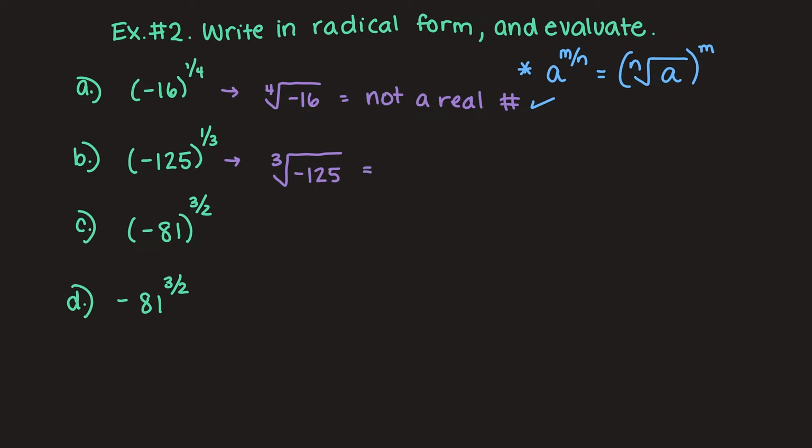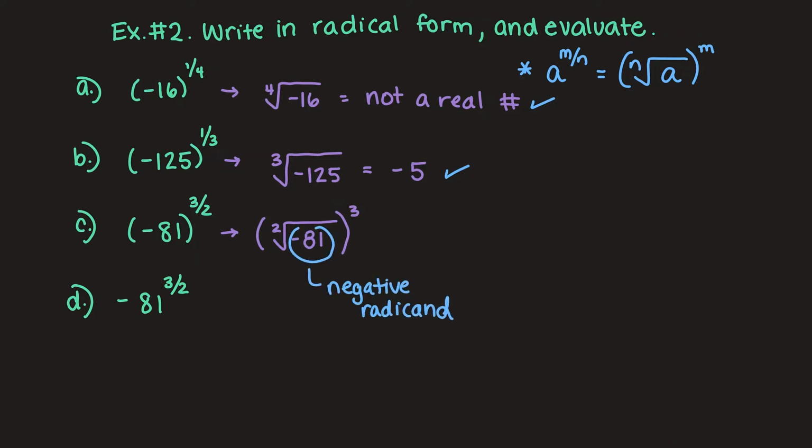And the cube root of negative 125 is negative 5, since negative 5 quantity cubed is negative 125. We write the next example as a radical with an index of 2 raised to the 3rd power. However, we have a negative radicand with an even index. Therefore, this is not a real number.